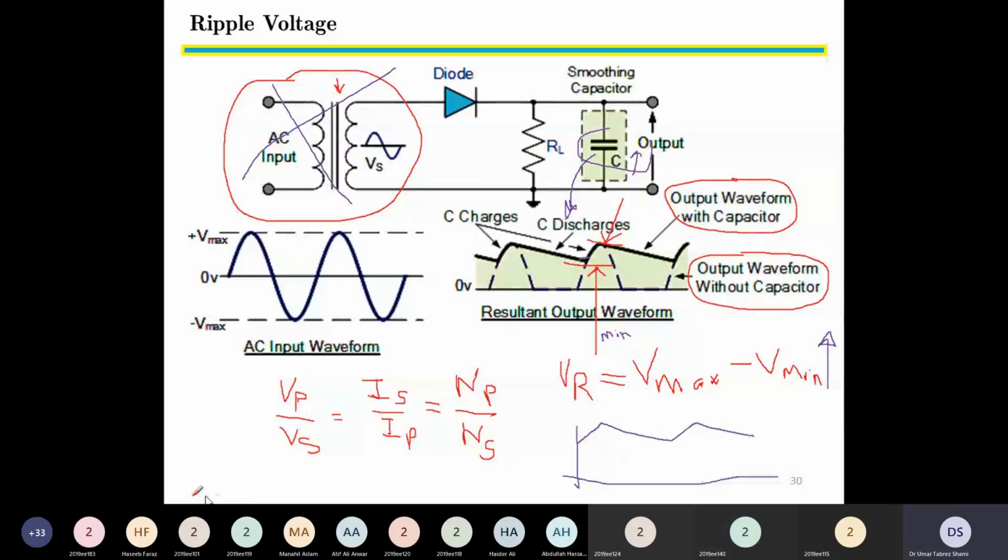Then when we increase the capacitance, this waveform will now have a smaller ripple. It will look like this. With a larger capacitor, the ripple will be reduced.